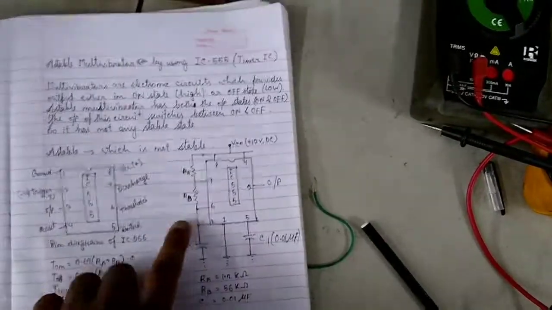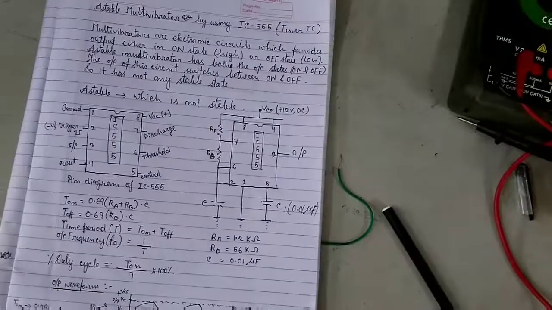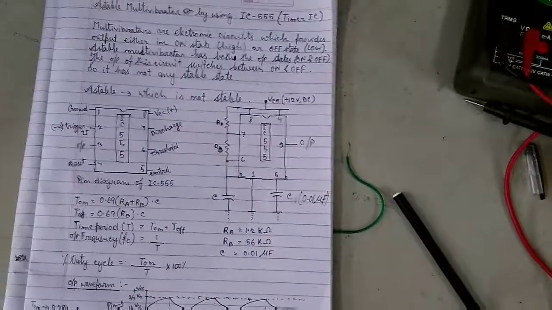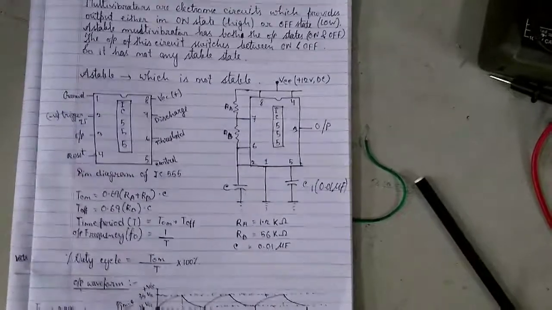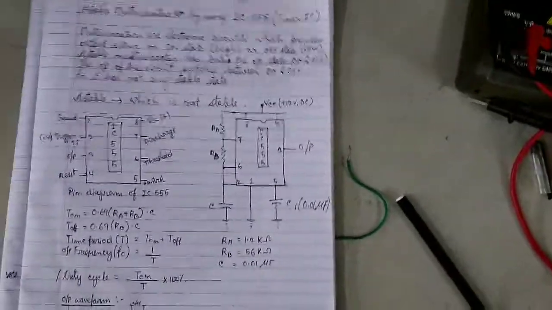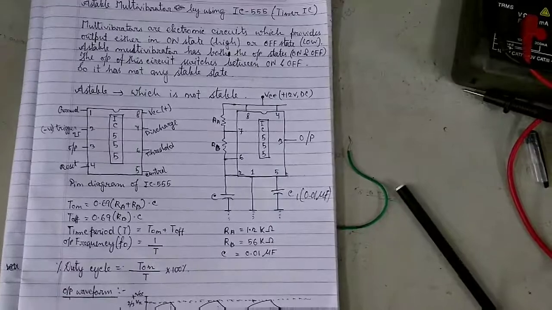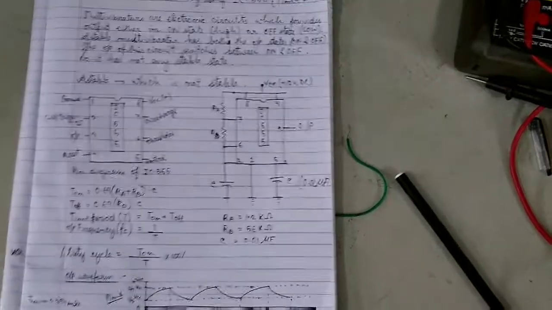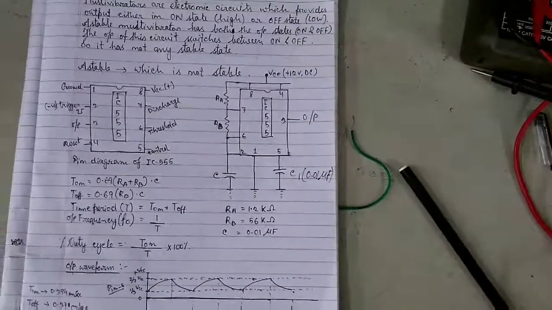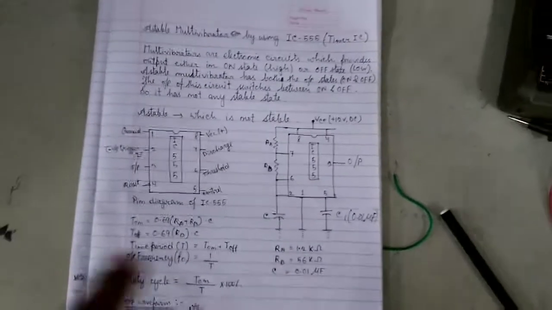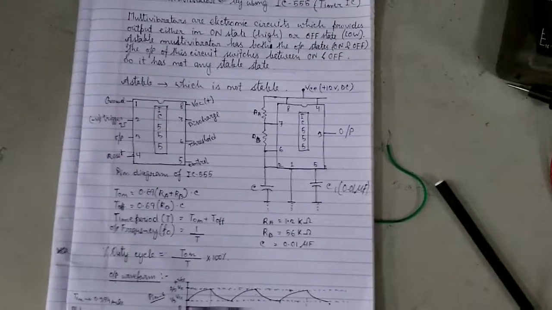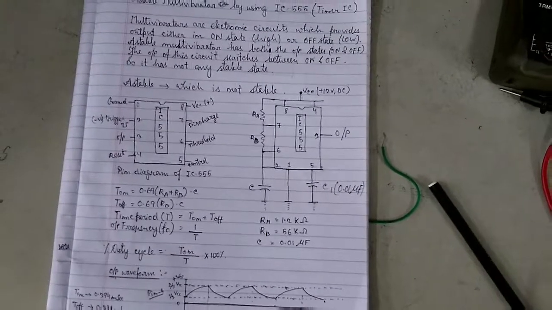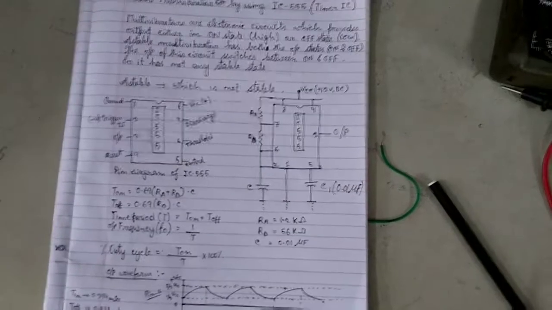RA and RB should be variable resistors, potentiometers. So you can vary the duty cycle, and if the capacitor is a variable capacitor, then the frequency is variable. This way a clock generator is designed. Exactly this circuit is applicable for a clock generator. So this is the application.